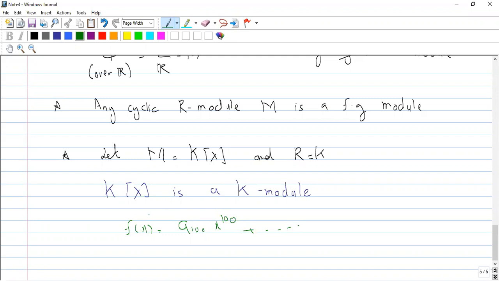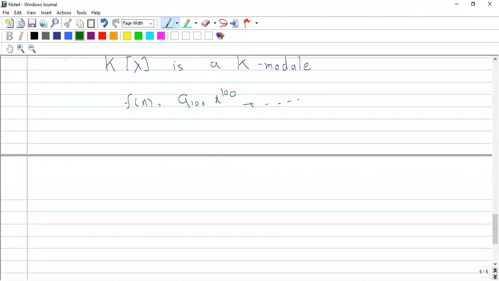It means that actually this k[x] as a k-module is generated by 1, x, x squared, x cube, and so on. कि ये हर एक से ये जनरेट हो रहा है.